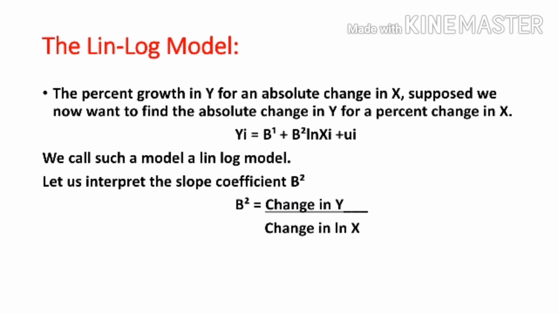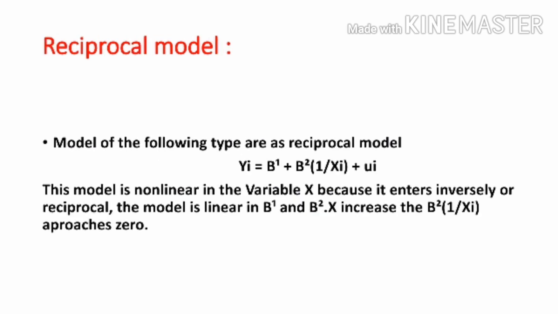Let us interpret the slope coefficient: beta 2 is equal to change in Y divided by change in log of X, the natural log of X.